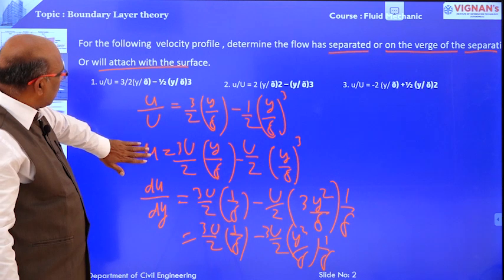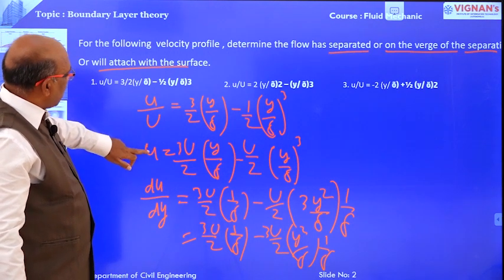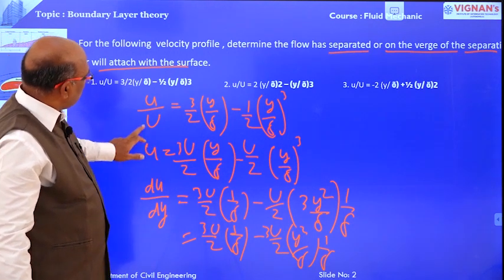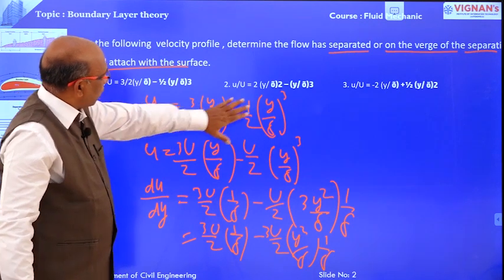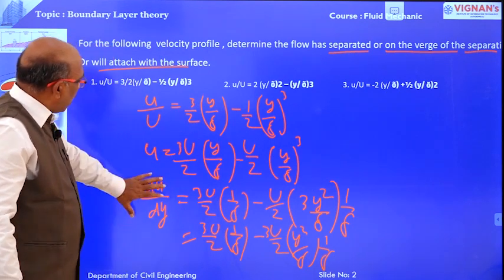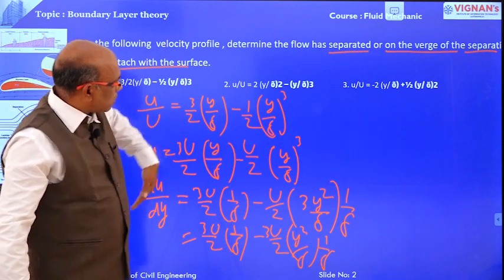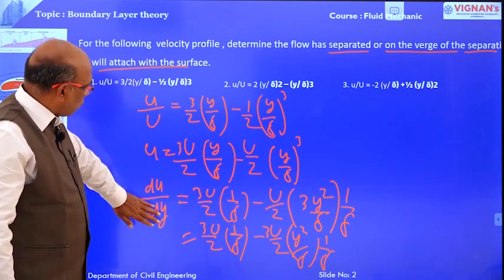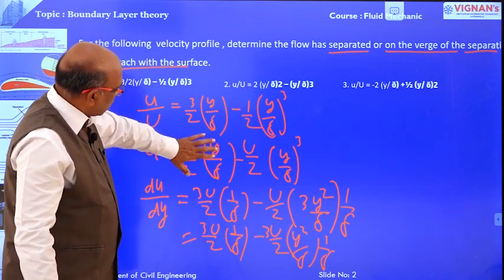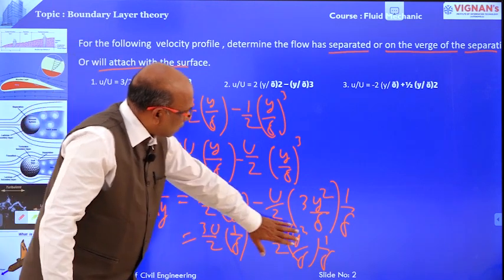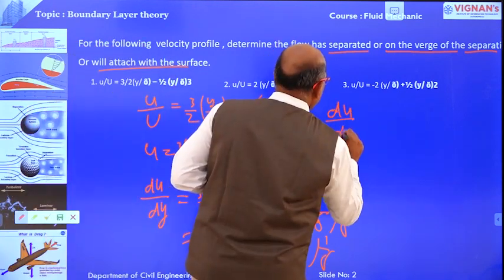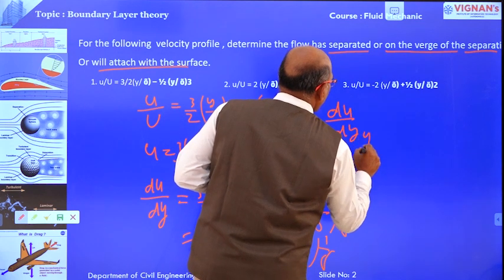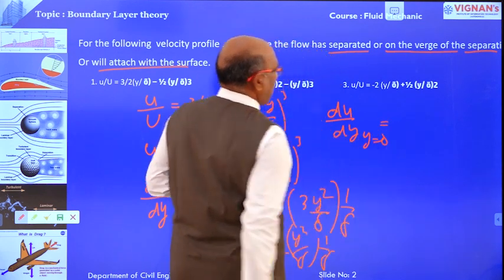Therefore, the velocity within the boundary layer is given by this equation, and differentiating both sides with respect to y, we have this value. Now du by dy at y equal to 0, what is happening?